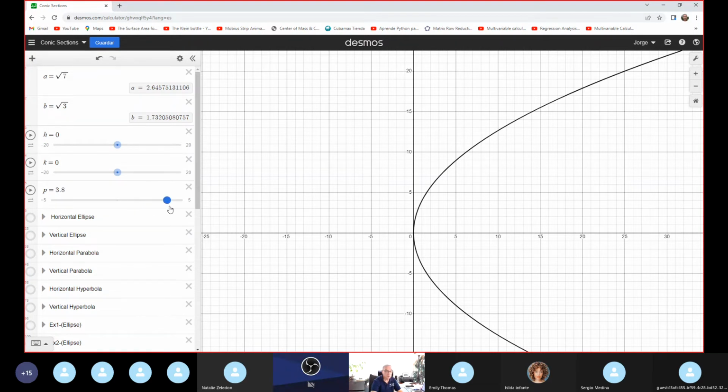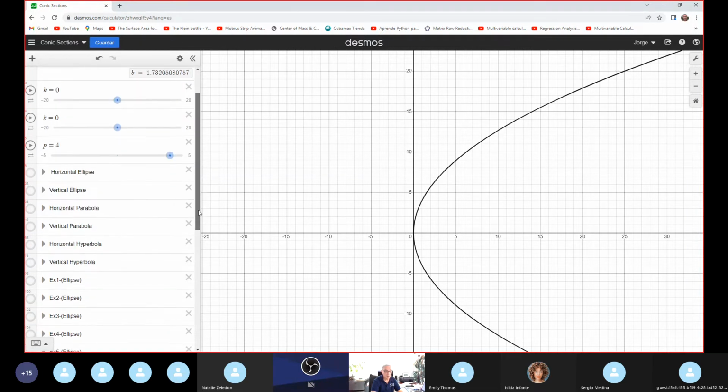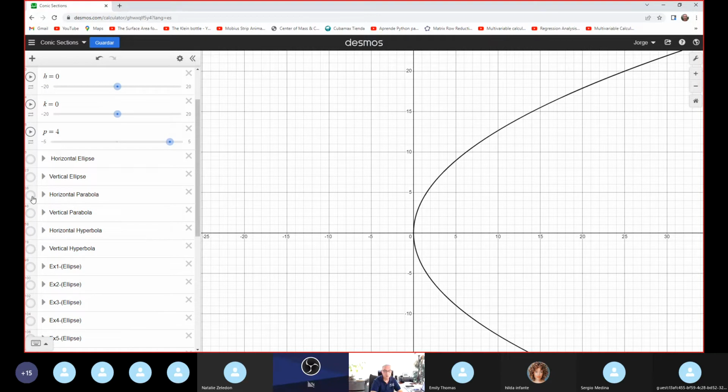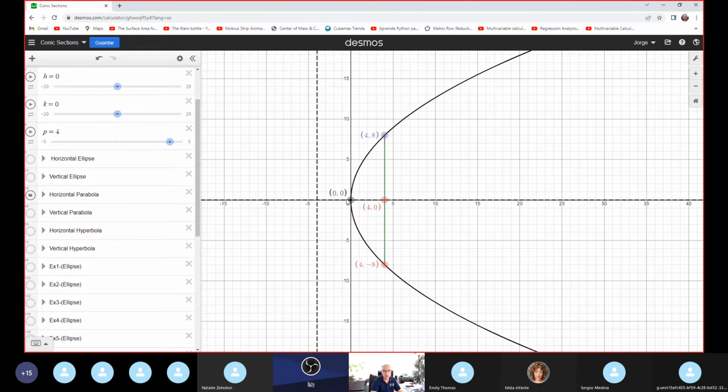P is 4. There you go. And you classify this parabola as horizontal. Look at that: vertex (0,0), focus (4,0), endpoints of the focal diameter (4,8) and (4,-8).